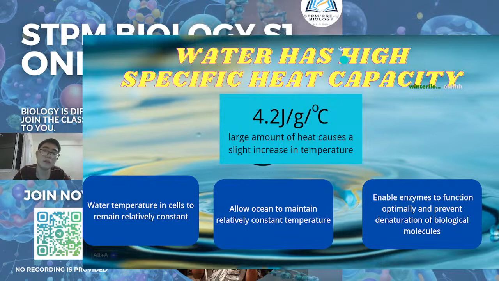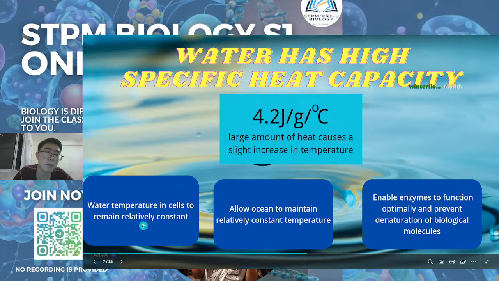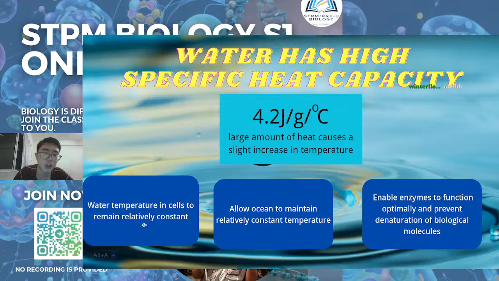So when water has high heat capacity, what is the importance to our living organisms? It means that the water temperature in our cells can be maintained constant, because our cells are also made up of and contain water. So our cell temperature will not change frequently.